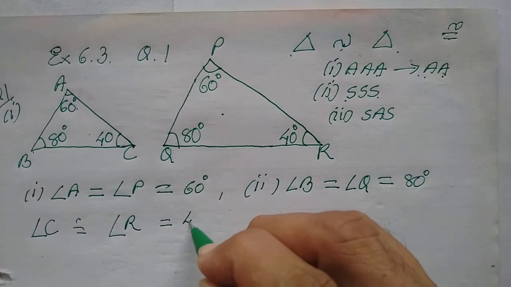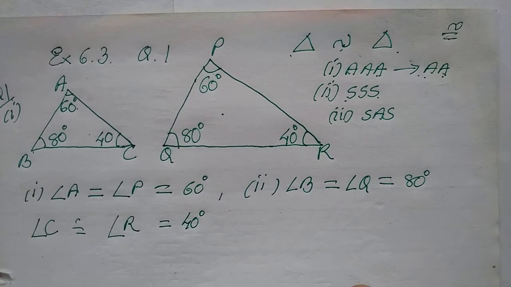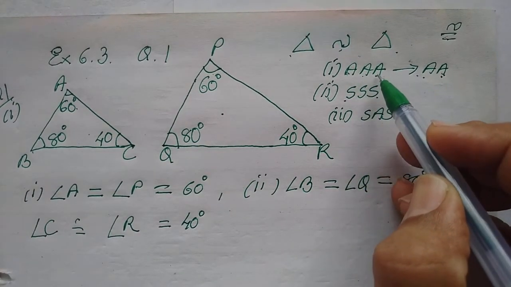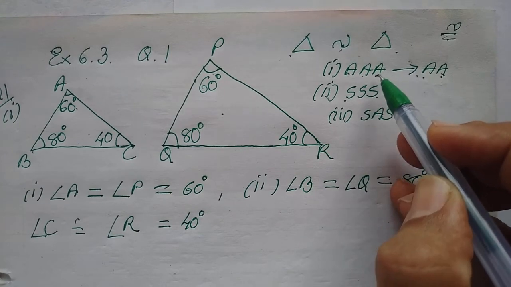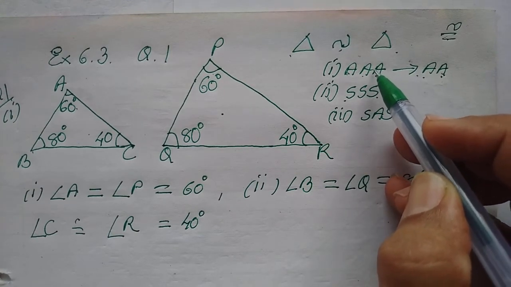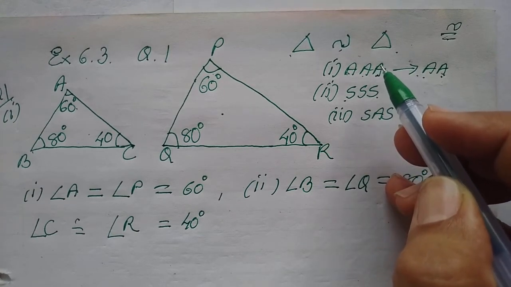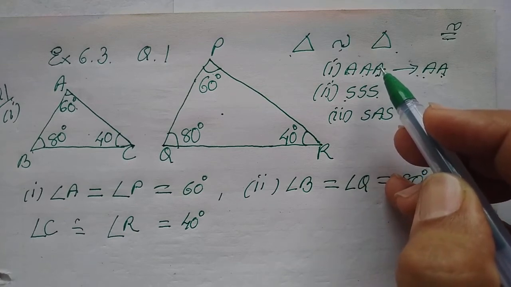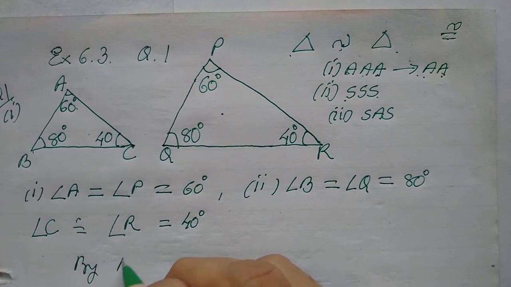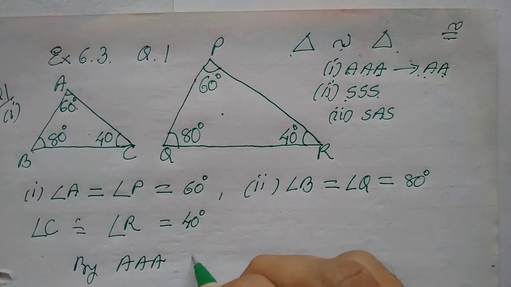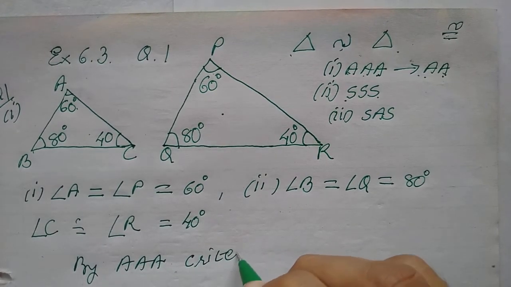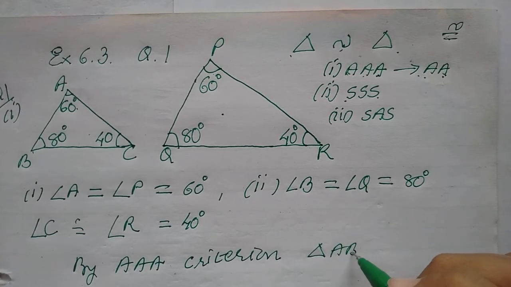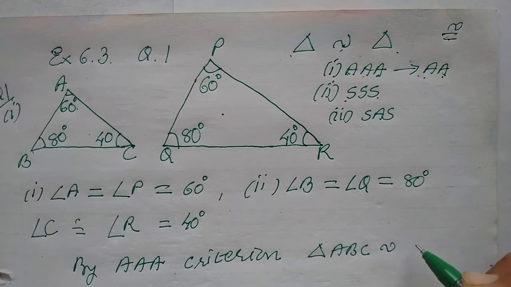So A is 40 degrees. So now children, you can see that this condition is satisfied. This criterion is set. Children, criterion is a singular noun. Criteria is a plural noun. So by AAA criterion, we can say that the two triangles are similar triangles.